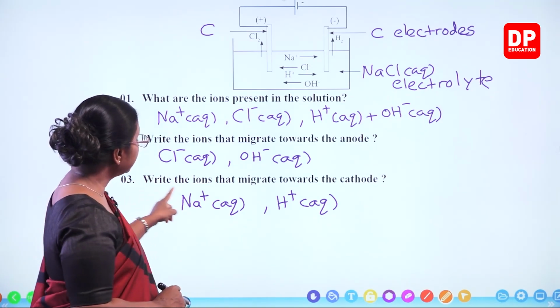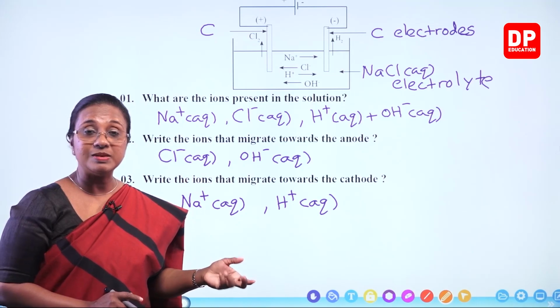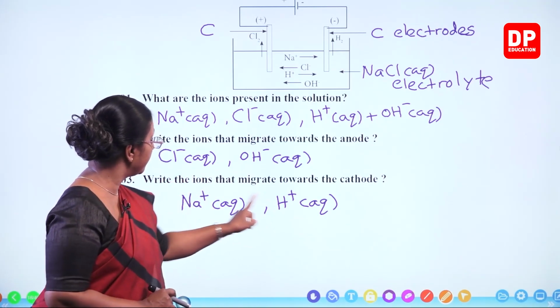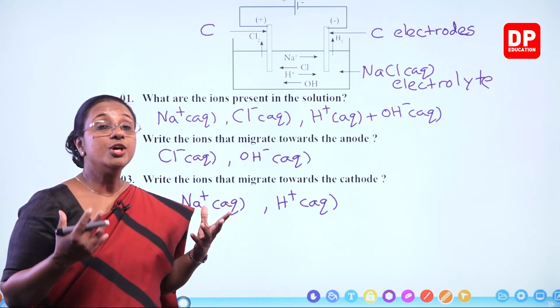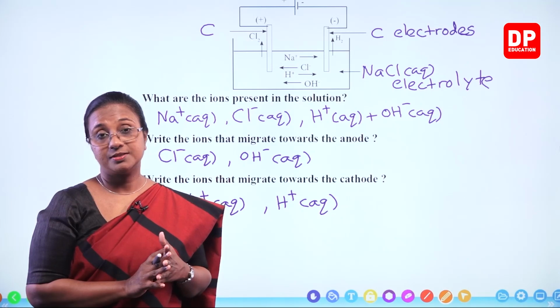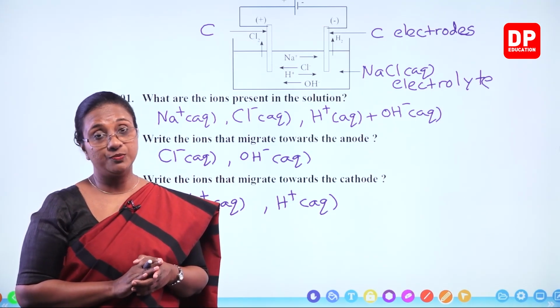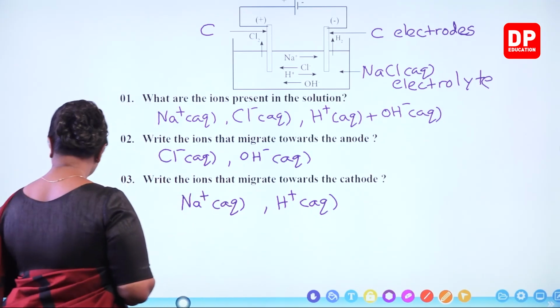The ions that migrate towards the cathode, where the reduction takes place, the negative electrode, are the positive ions, Na+ and H+. You have to remember all these things. Then only you can answer any type of question given to you. With that, I am going to move on to the next question.